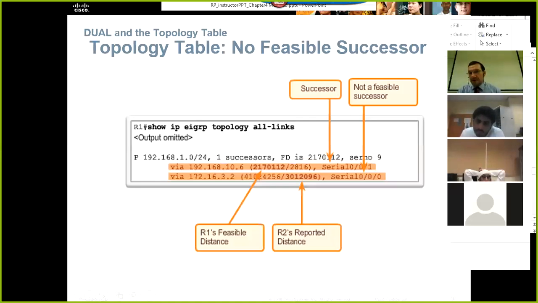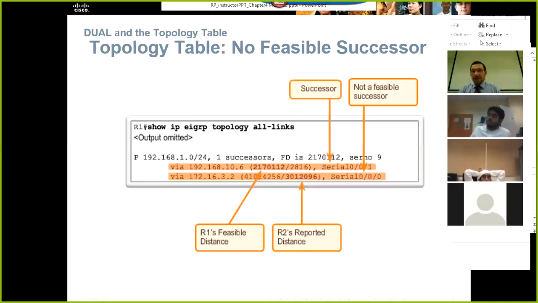Now, the question is, does Rashid qualify as a feasible successor? No. Why? Because it's much higher than Muhammad. Much higher than which number? What are you comparing? You're comparing the reported distance between yours and the physical distance you have.